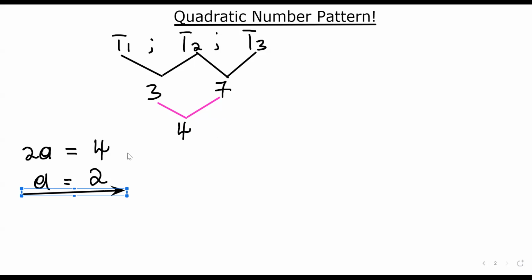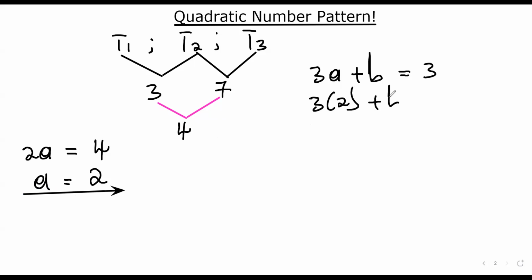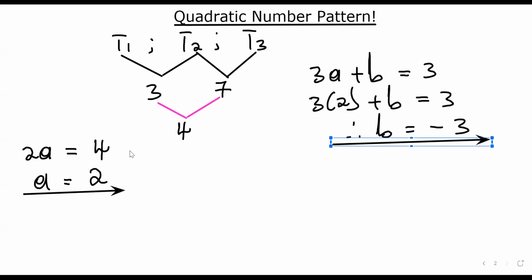And then in order to find the value of b, we just say 3a plus b is equal to 3. Since we know that the value of a is 2, and 3 times 2 is 6, 3 minus 6 is negative 3. So these are the values of a as well as b.